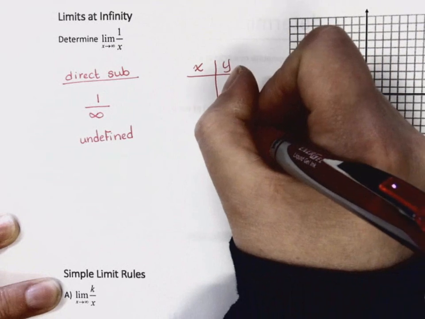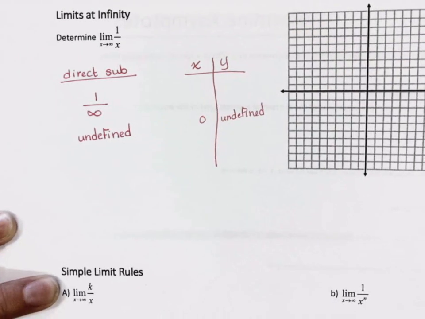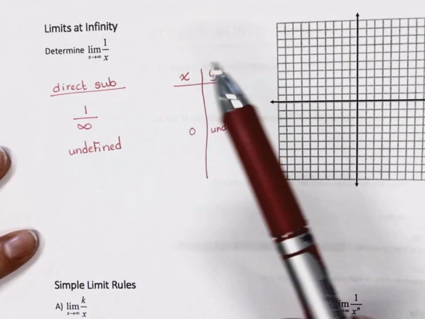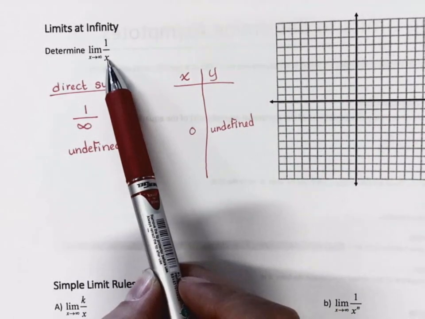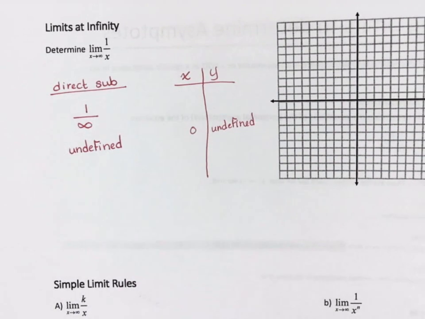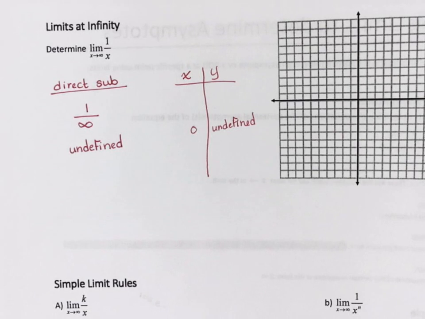But 0 would be undefined because of our non-permissible value. So if we were to pick values less than 0, why are we picking 0? We can pick infinity or pick right, but what's the non-permissible value for this function? 0. So we know the thing, whether it's a POD or an asymptote, is going to be at 0 because it's related to our non-permissible values.